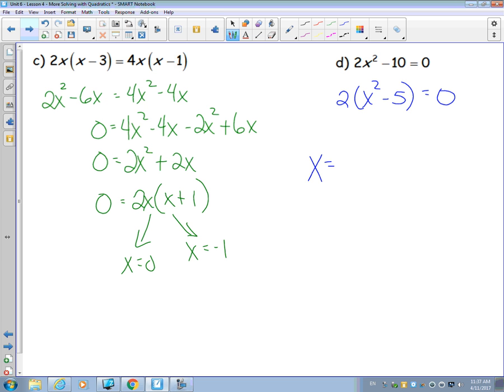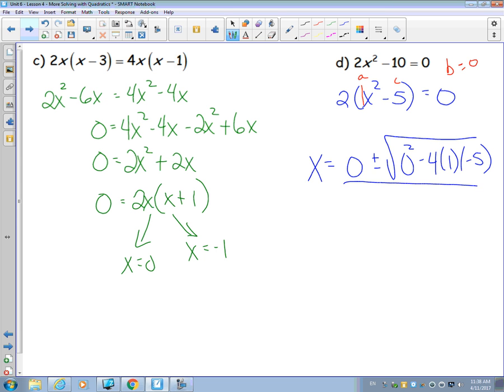Now, some thoughts here. The number at the front is your a value. There is no x term, so in this case, b is 0. And this would be c at the end here. So when I say the opposite of b, I get 0 for b. So plus or minus the square root of b squared minus 4 times a times c, all divided by 2a.